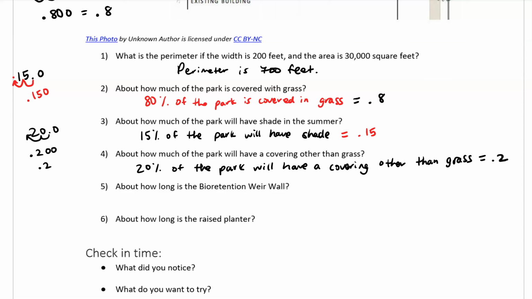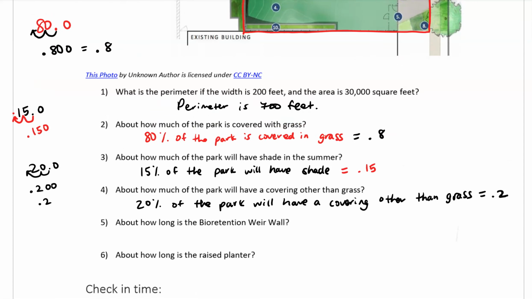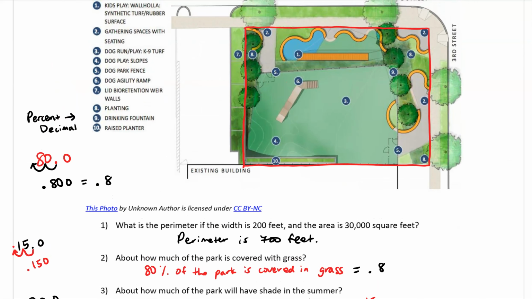Now, question 5 says, about how long is the bioretention Weir wall? So I'm going to go back up to our image, and the bioretention Weir wall is item number 7. And if you look at item number 7, it looks like the wall is this.